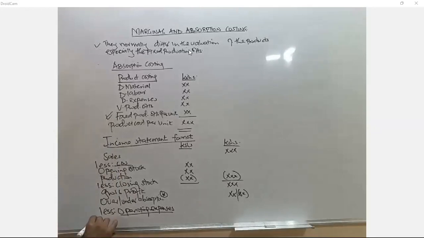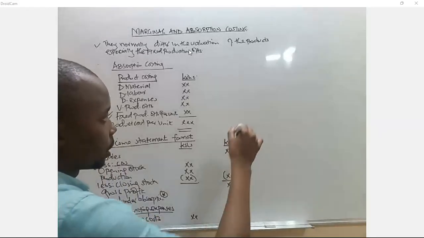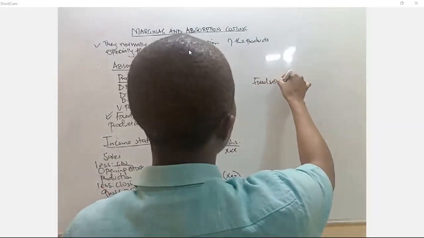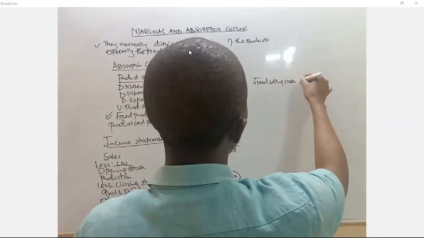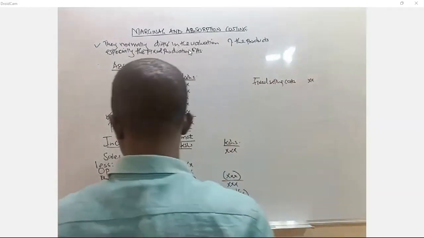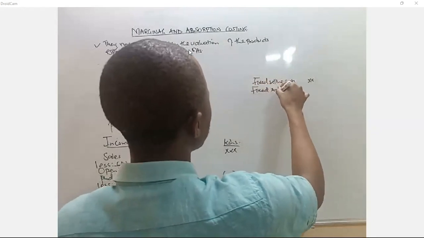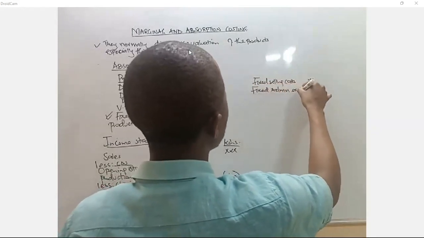For example, we can start with the variable selling cost. You put them here. Then the other one, we can talk about the fixed selling cost, which you can also put there. Then you can talk about the fixed admin expenses.